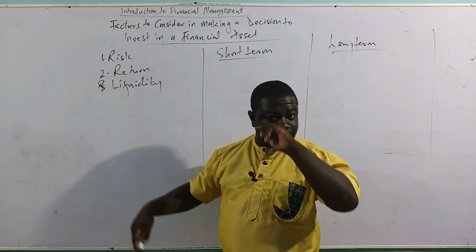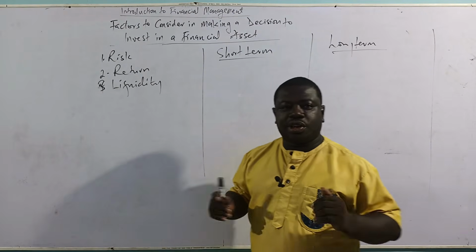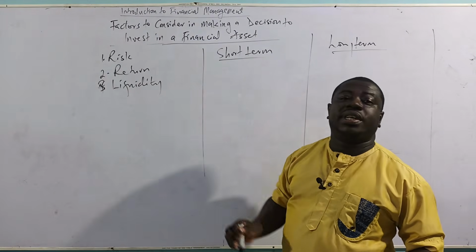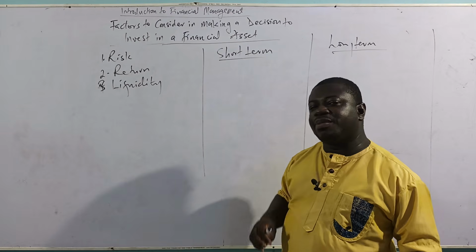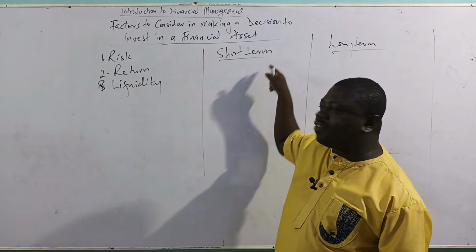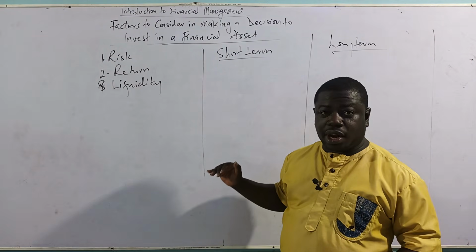These are the three factors. You can list them in any particular order and nobody chides you, because the question is general about financial assets. But when the question is specific, asking what are the factors to consider in making a short-term investment into a financial asset, once it is specific, you need to list them in a particular order.